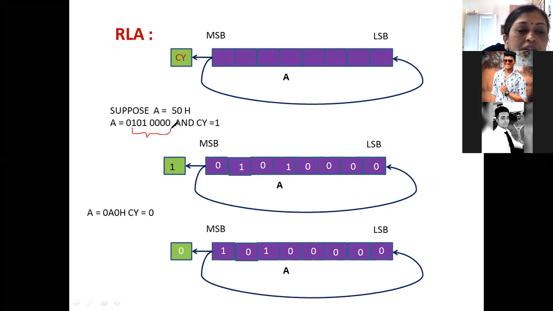So consider this and append this 0 to this position, and also write this 0 to the carry flag. So what will be your new data then? The new data will be this and this, and the contents of the carry flag are this, isn't it?